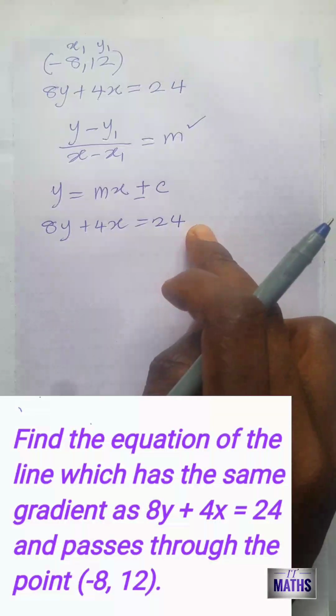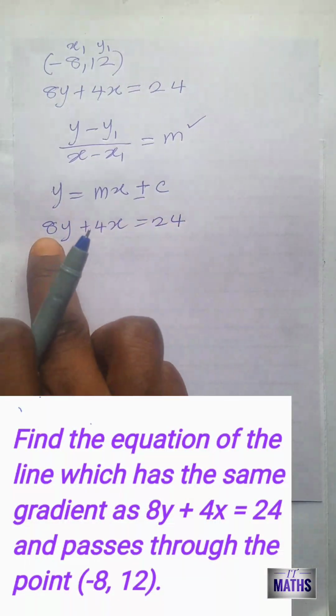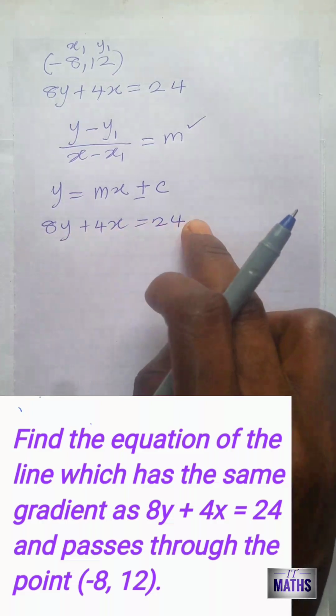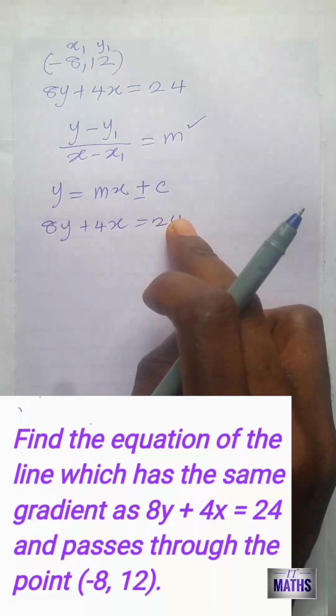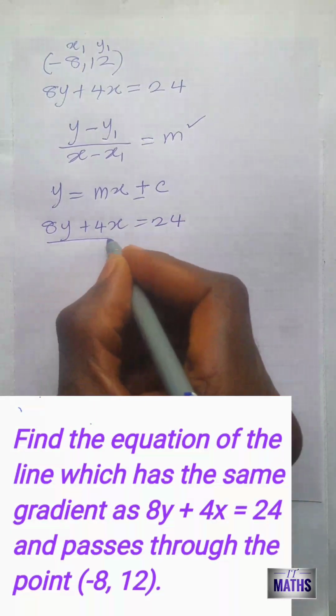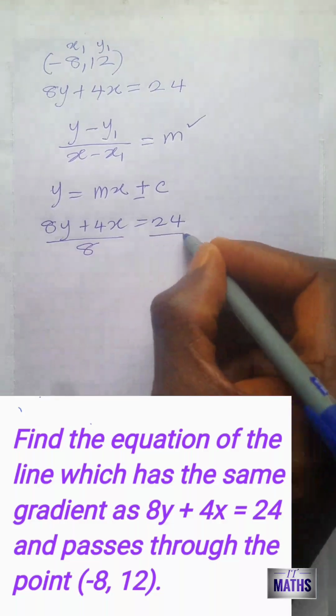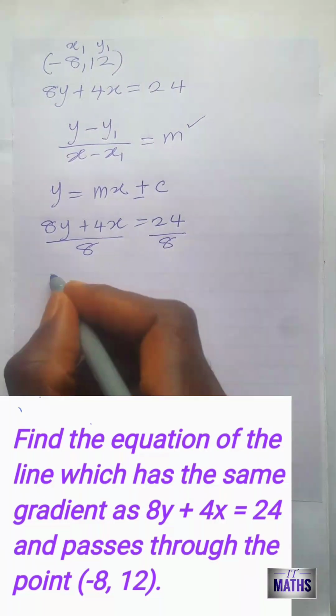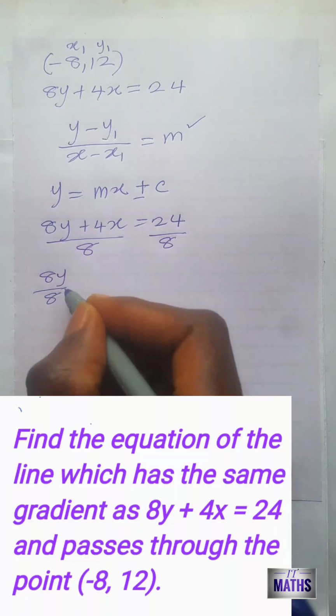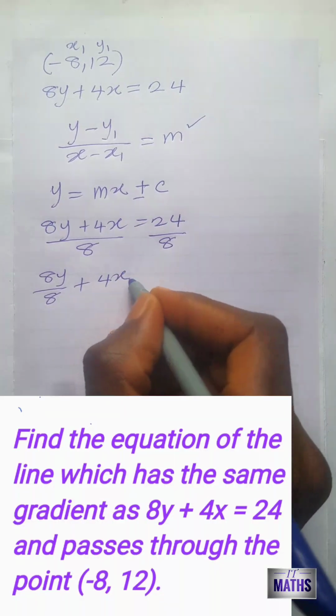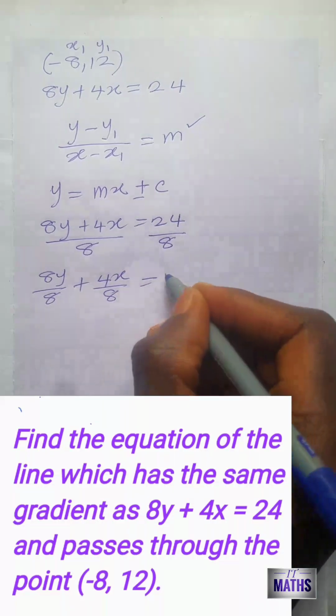What can I do? All I need to do is just divide both sides by 8. So I divide this by 8 and divide this by 8. This means 8y over 8 plus 4x over 8. I hope that's clear.